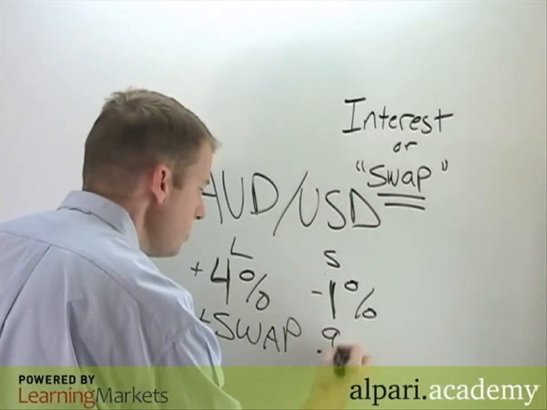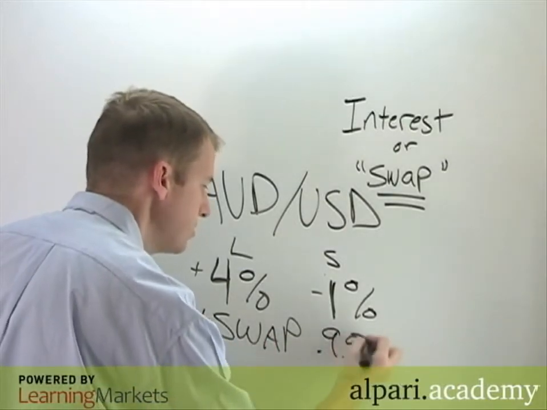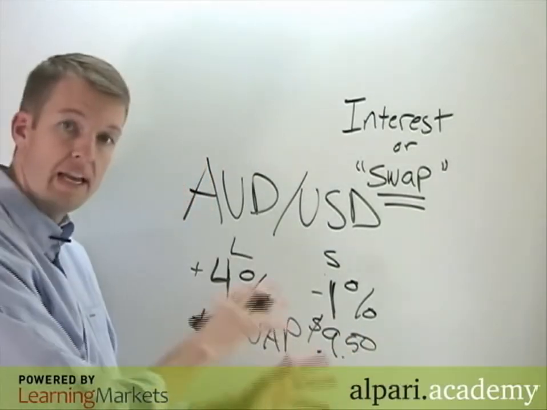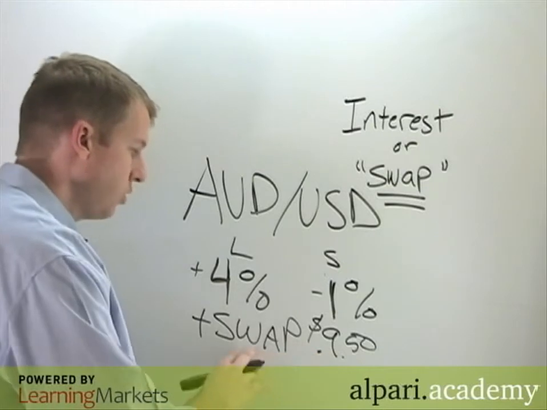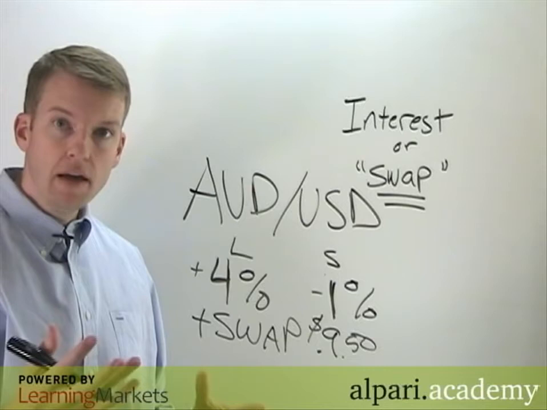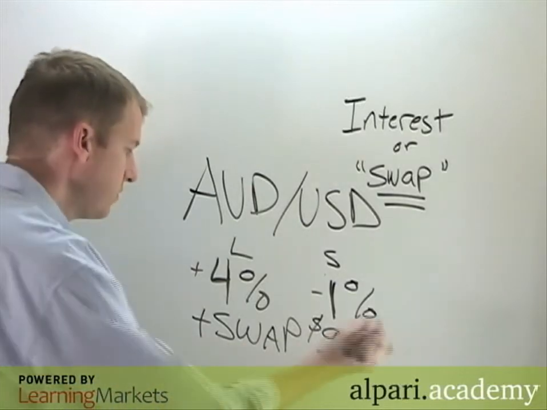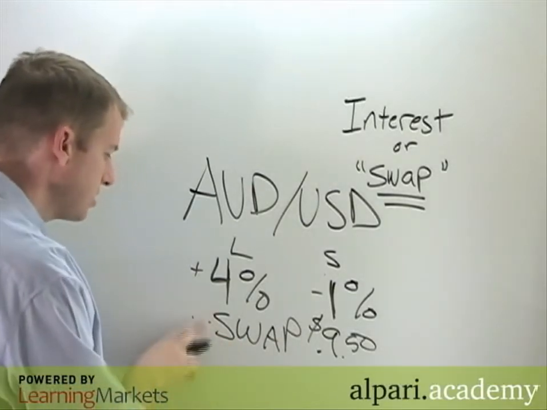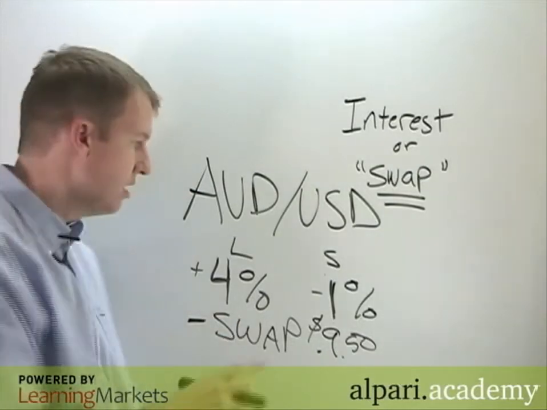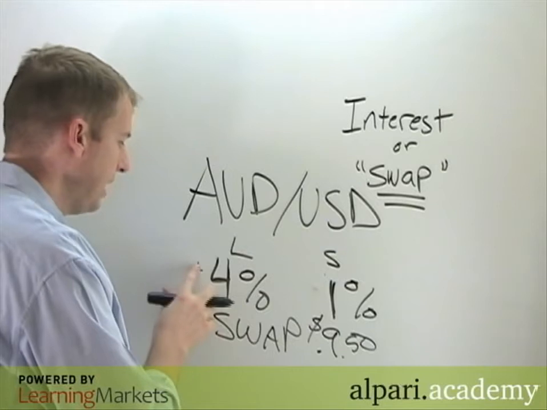So we'll take a look at it like this. $9.50 a day, that's almost a full pip that you're being paid every day to hold one long position in swap. Now, what about if you're short? What's going on there? Well, if you're short, then things change just a little bit, but they look very similar. If you're short this particular currency pair, then everything's shifted a little bit, hasn't it?